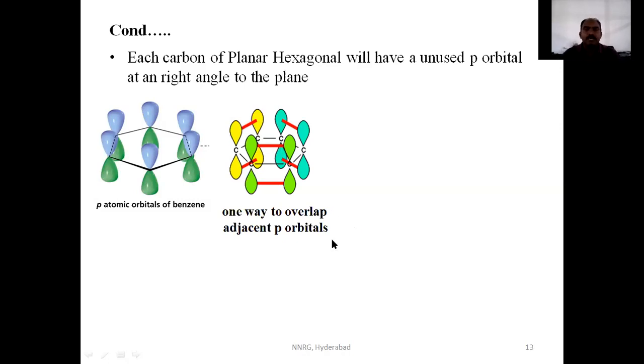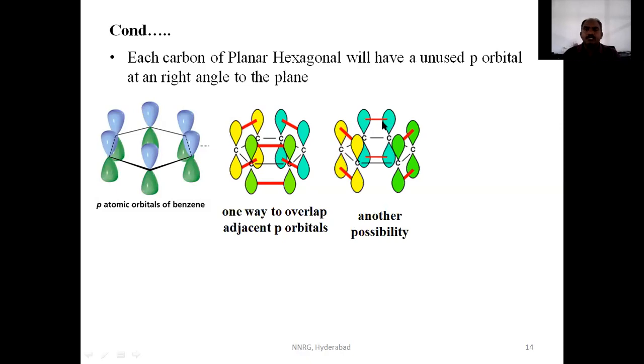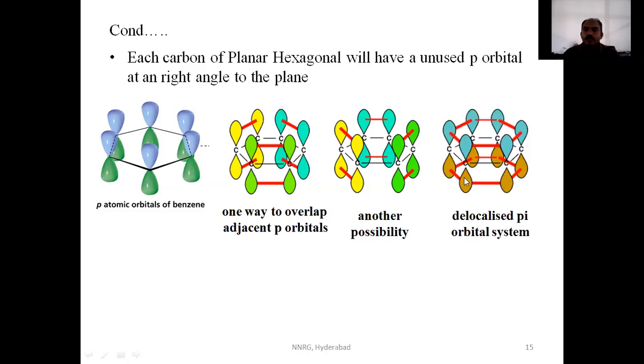There is another possibility of forming the bonds, where these two p orbitals may interact with each other. In the first structure, the overlapping is taking place between these two carbons, and in the next structure, the overlapping is taking place between these two p orbitals. So three different pi bonds are formed. Overall, a delocalization takes place. There is a delocalization of electrons from one p orbital to another p orbital to form a ring above the plane and below the plane.